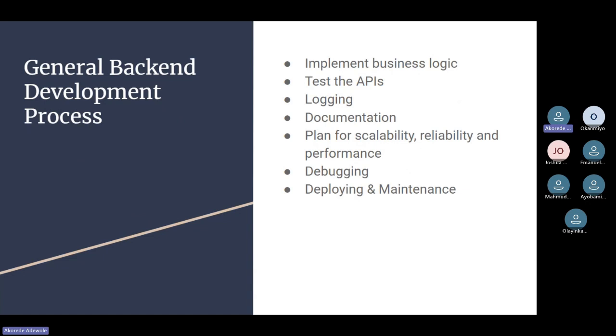Okay, so like I said earlier on, you are going to implement the business logic as well. The problem you want to solve in particular, you have to implement it in your backend code. Another thing is testing the APIs. The interfaces you have written between your actual implementation and whoever wants to consume it, how are you going to be sure that this works in certain ways?